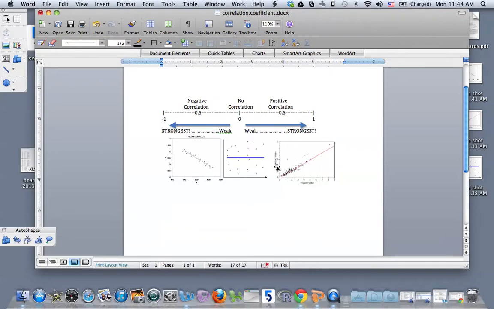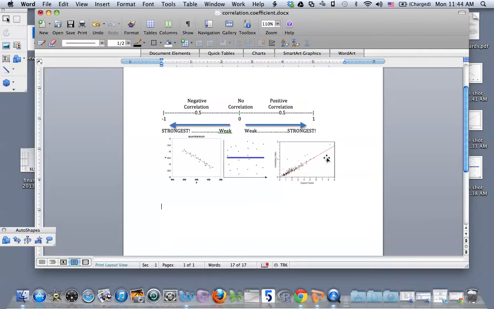The way we think about this is that as one variable goes up, the other variable goes up, and you can follow that all the way up the line. As we go up on this axis, so too do we go over on this axis: up, over, up, over, up, over. So that's the positive correlation, and that's the strongest one right there.